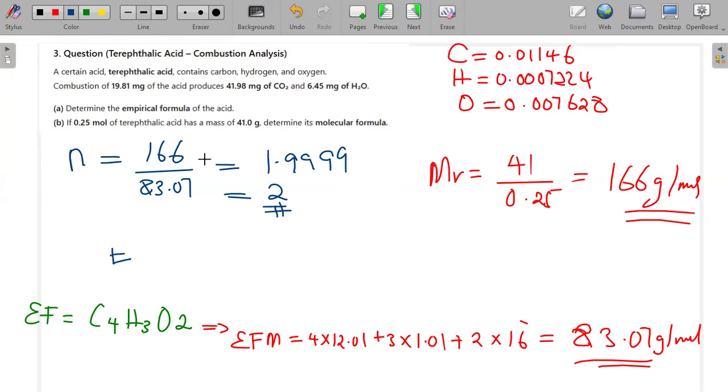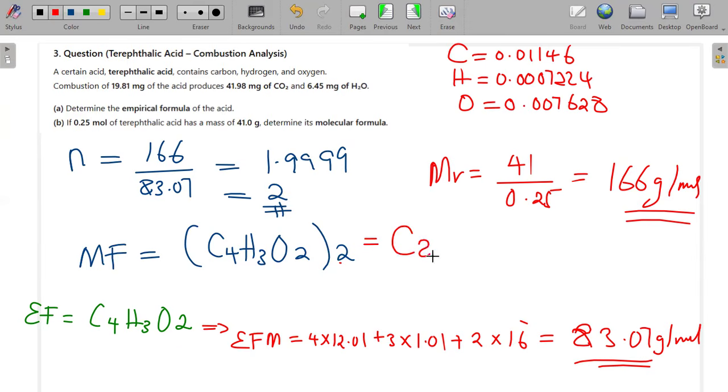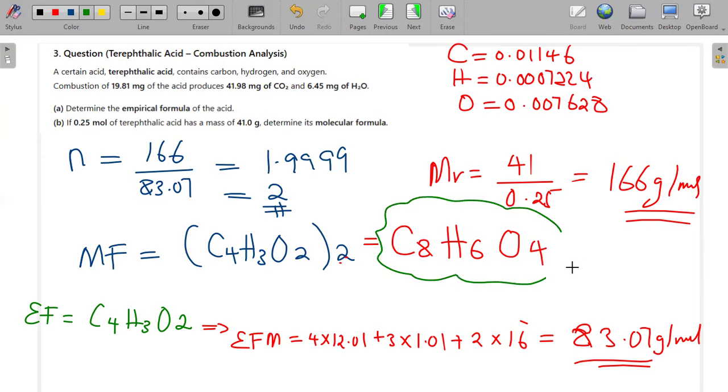So our molecular formula is the empirical formula multiplied by 2. 2 multiplied by 4 gives C8, 2 multiplied by 3 gives H6, and 2 multiplied by 2 gives O4. This is our molecular formula, and that one is our empirical formula.